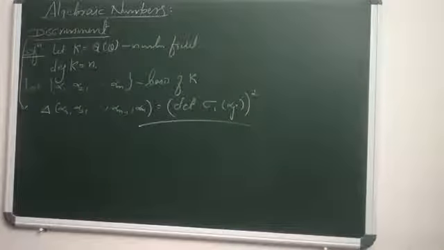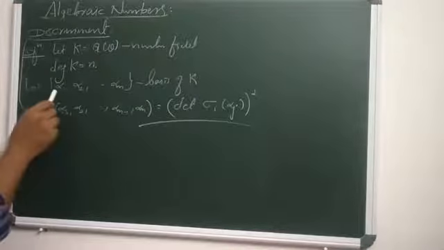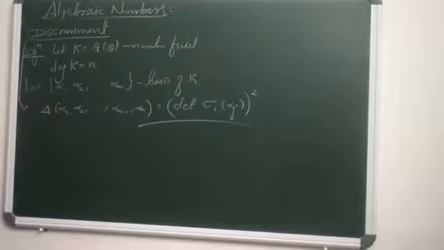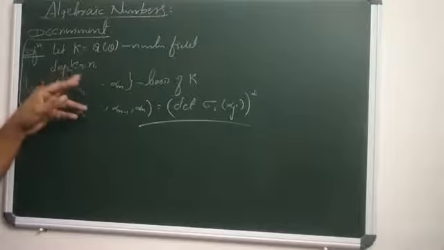What is K? K is a number field of degree n. Since it is a field, it is taken as a vector space over Q. Let alpha 1, etc., alpha n be the basis of K, so the dimension of K equals n.